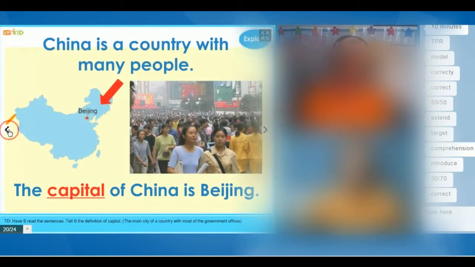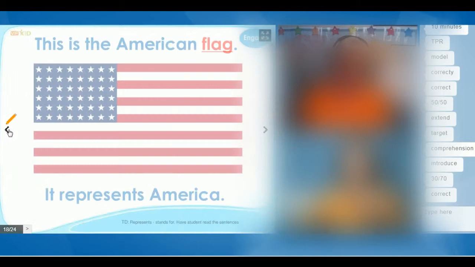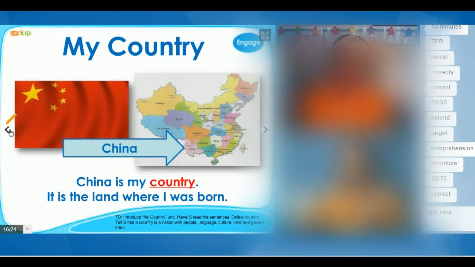And perhaps you could have saved some time on this slide. Country, you did a beautiful job with your display of explaining all the different things, people, language, government.